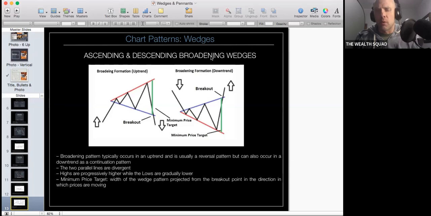I didn't want to go over too much of it, but it's very, very similar concepts. There's not a whole lot of differences between them when you're looking at them. And obviously, the broadening formations are far more noticeable than the smaller wedges are. The broadening formations are like plain as day.